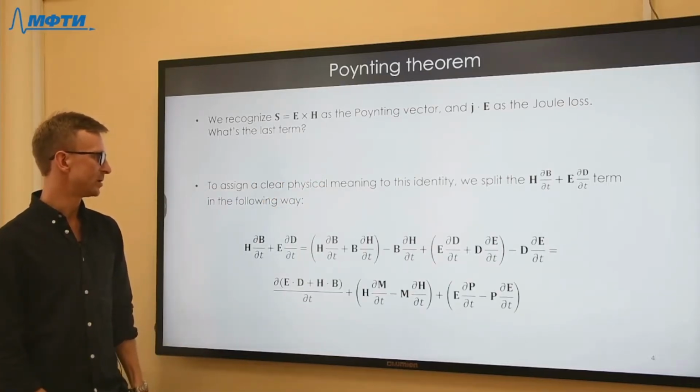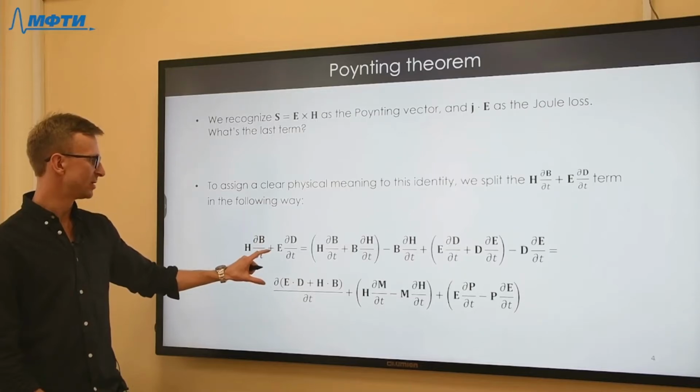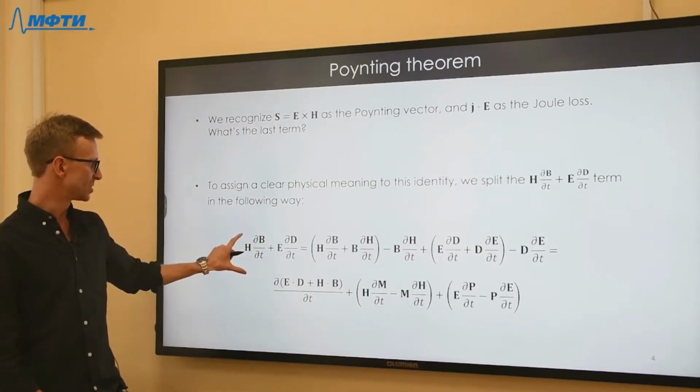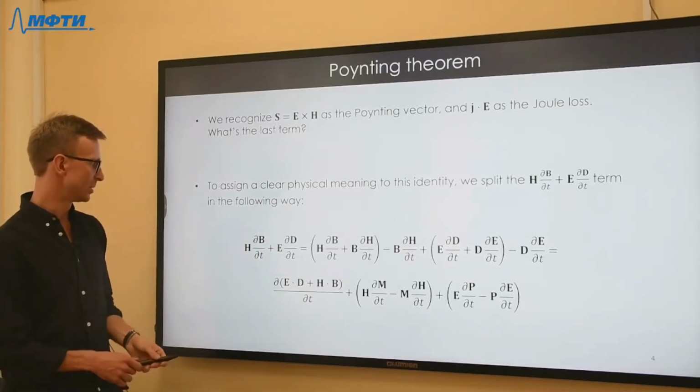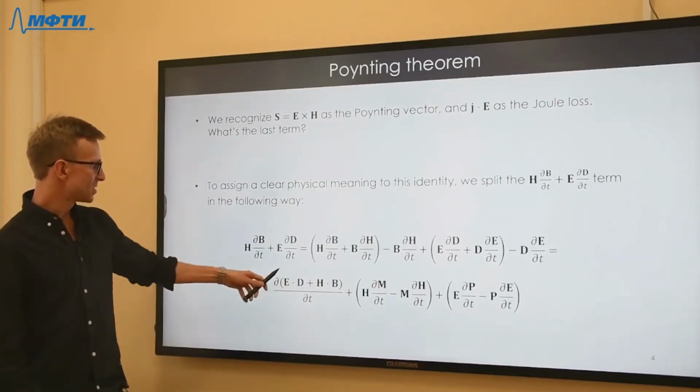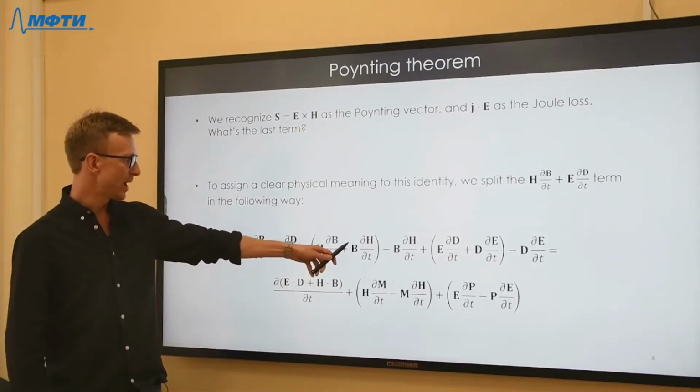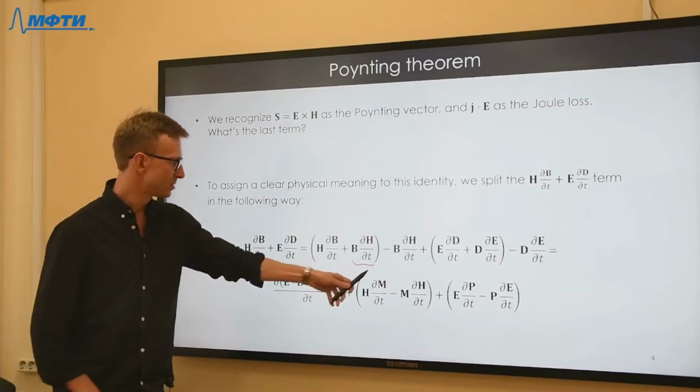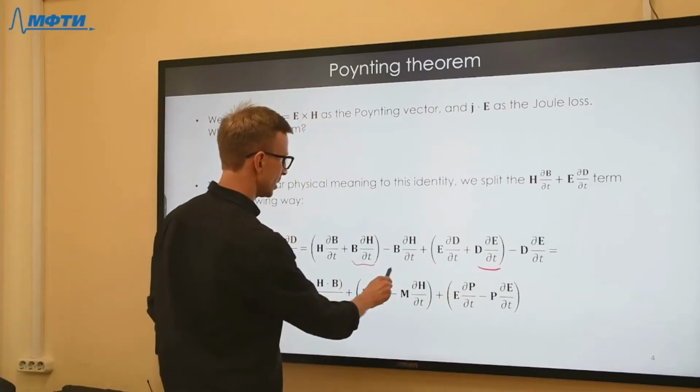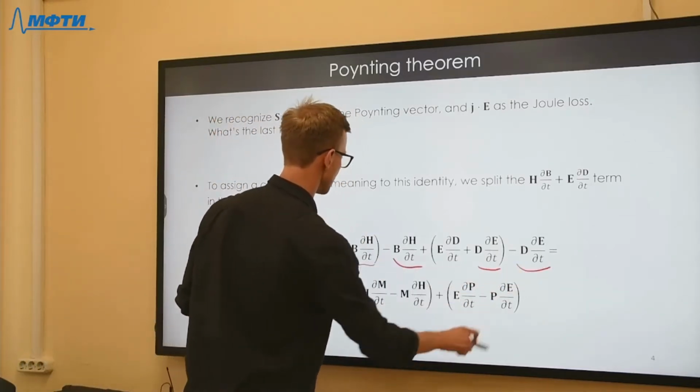Oops, there was supposed to be some animation. It wasn't supposed to come out at once, but whatever. So this is the initial term. Now we add these two guys here, and we subtract them at the same time.